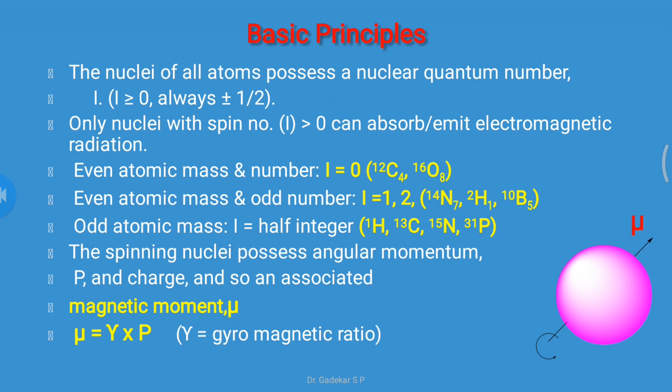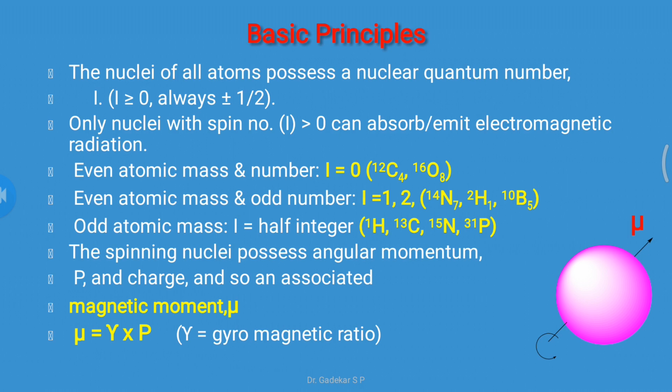With odd mass number, the spin is half integral, such as 1/2, 3/2, 5/2. H1, C13, N15, P31 have I equal to half integral, and they are NMR active.